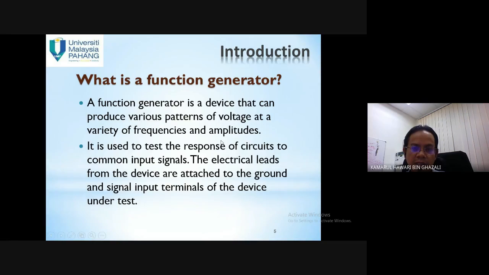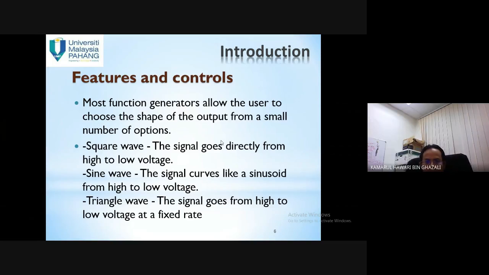The electrical leads from the device are attached to the ground and signal input terminal of the device under test. Most function generators allow the user to choose the shape of the output from a small number of options. So you can generate a square wave, sine wave, or triangle wave for a specific application.